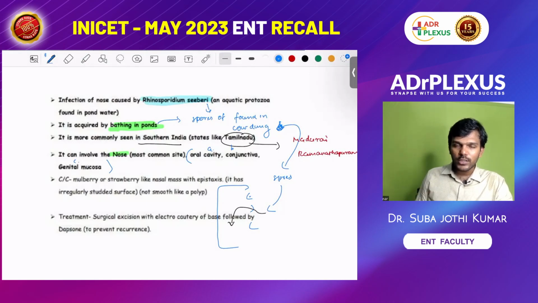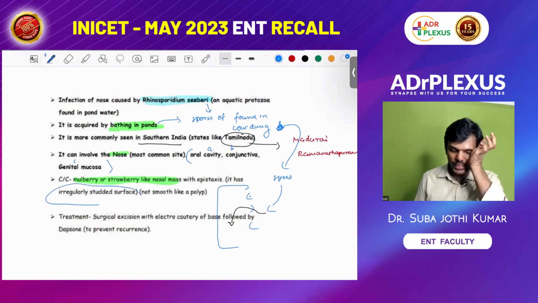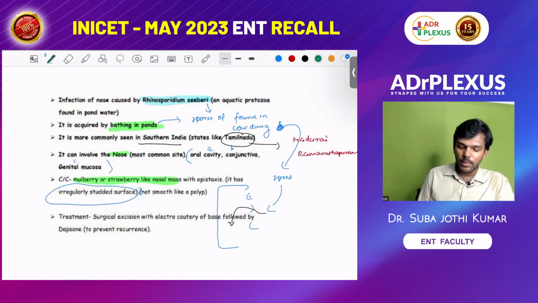Based on the gross appearance, the lesion could appear as a mulberry or strawberry-like nasal mass. It will have an irregularly studded surface. The important treatment is surgical excision with cauterization of the base.